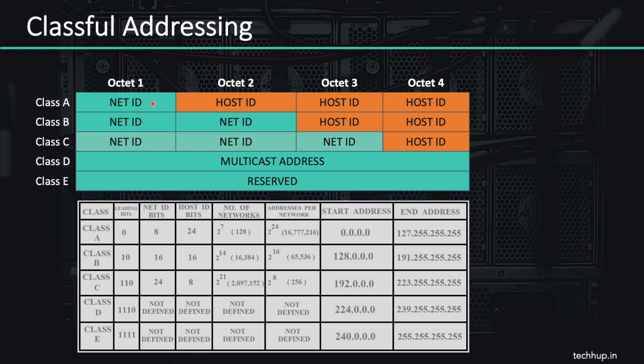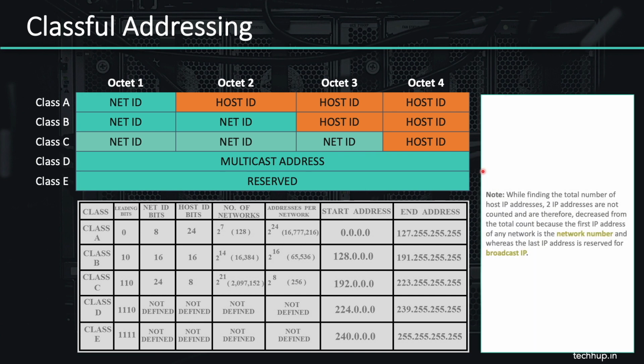And what you see in orange here are the octets and the bits that are allocated towards the host part of the network. So let's move on and deep dive into each of these classes.